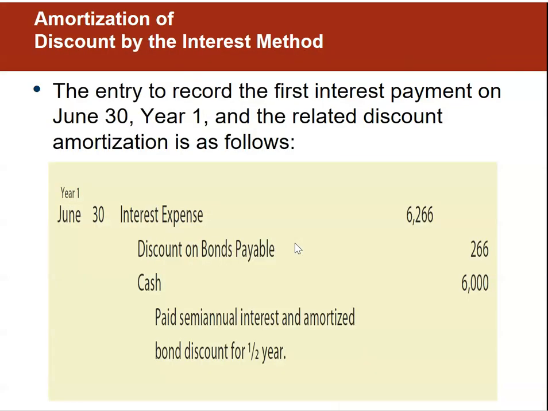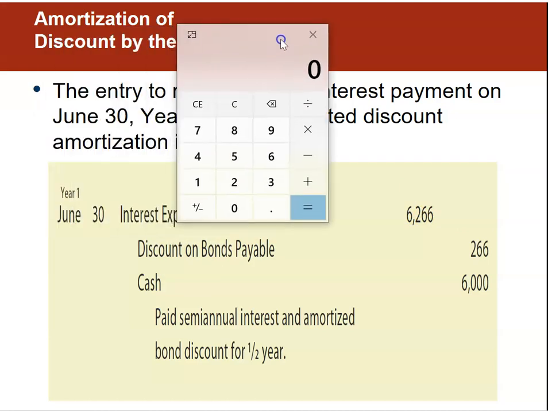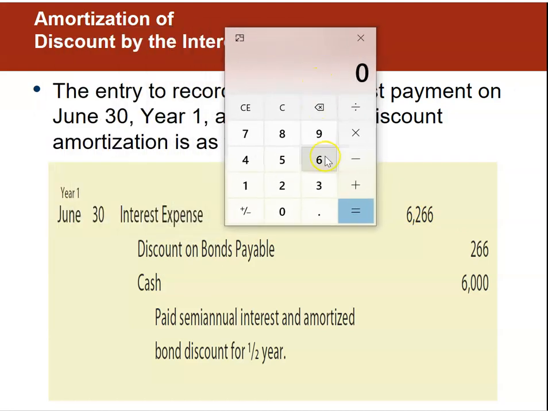All right, so let's see what we have here. This is our journal entry for amortization of a discount by the effective interest method. Notice we have interest expense of $6,266, and if you recall, our bonds have a $100,000 face amount, 12% interest paid semi-annually, so that's $6,000.